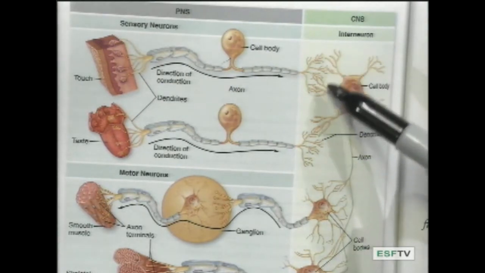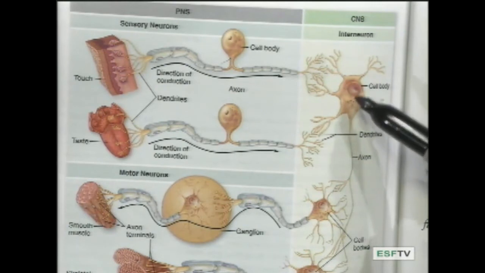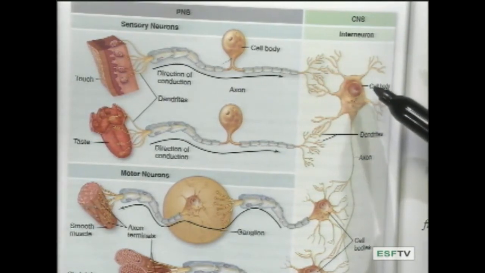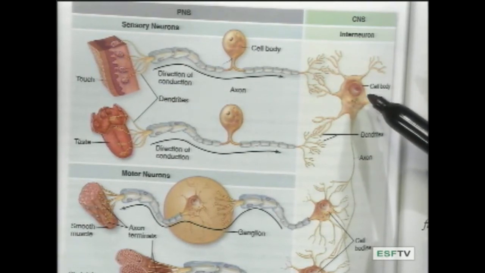Dendrites receive the information and take it to the nerve cell body where it is integrated and interpreted.